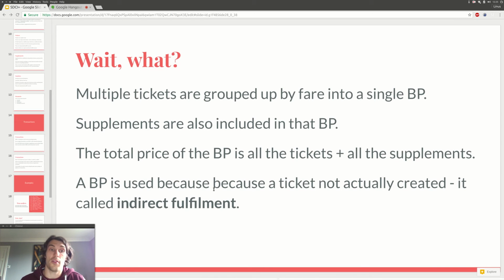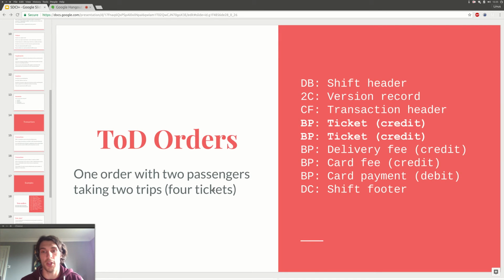Now, the other thing to note is that we have 4 tickets, and possibly, I didn't mention reservations, but possibly some reservation supplements as well, and yet we only have 2 sundries. And that is because for TOD transactions, they get grouped together by fare.